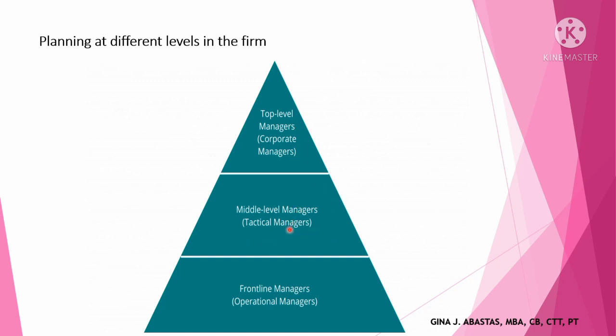So they are those in the level below the top managers. So their job titles include general manager, regional manager, division manager, and plant manager. So they are responsible for carrying out the goals set by the top management. So they do so by setting goals for their departments and other business units.